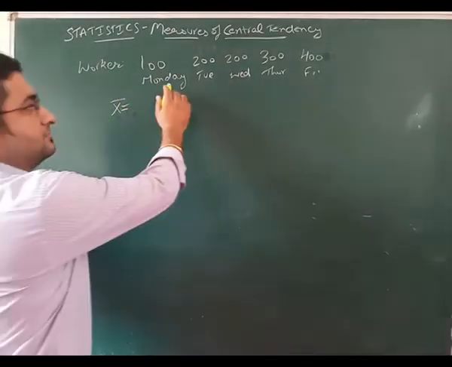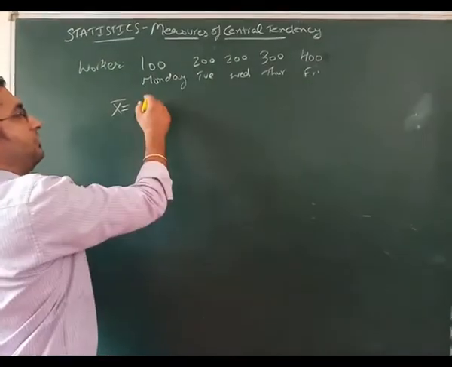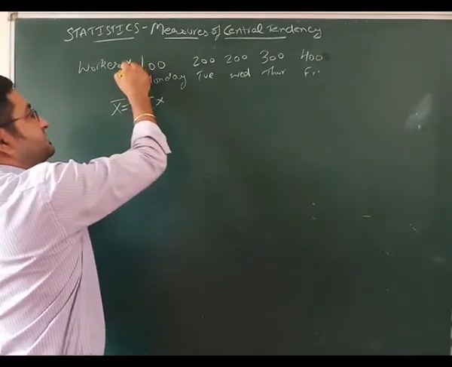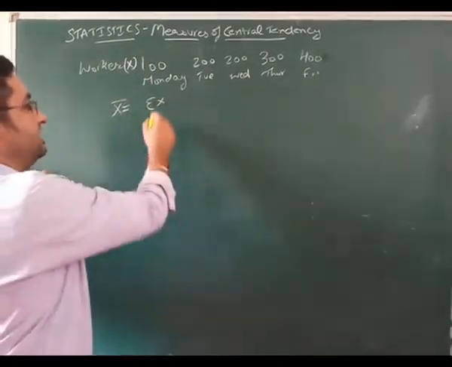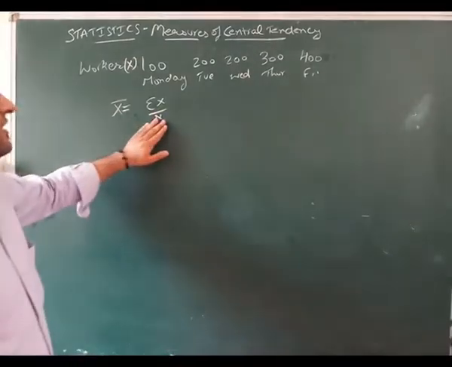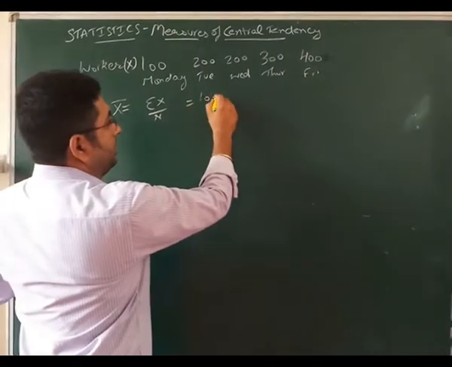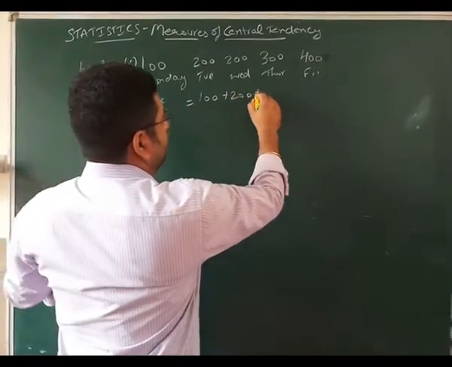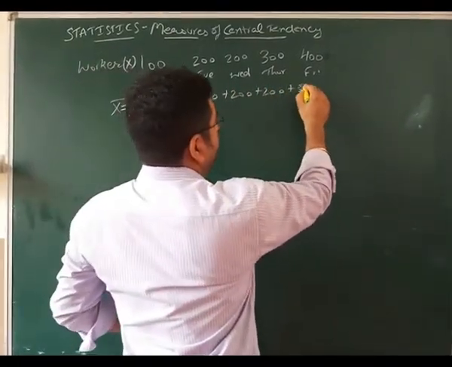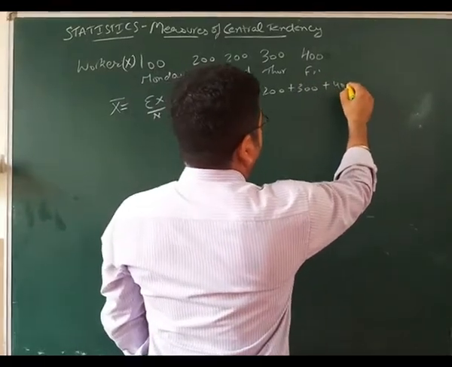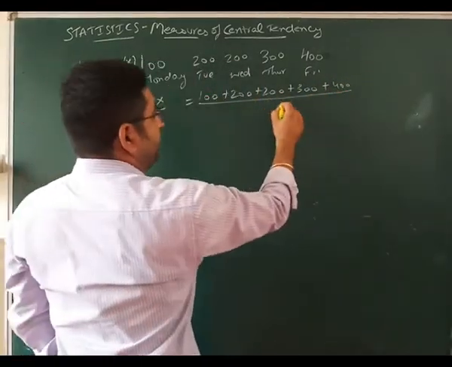Mean will be the summation of these divided by the number of days. So we take these values as x and say summation x upon n, where n represents the number of days. So we do 100 plus 200 plus 200 plus 300 plus 400 divided by 5 days.